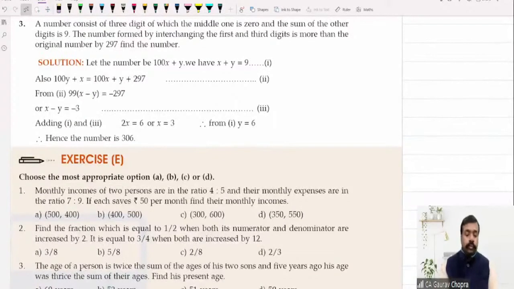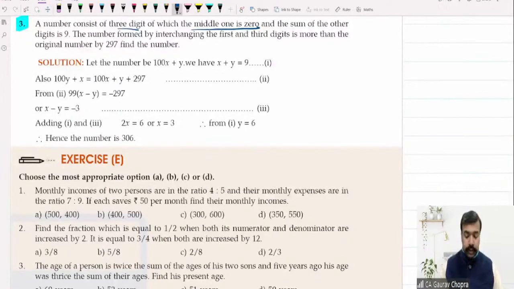Now we are having illustration number 3. It says a number consists of 3 digits, of which the middle one is 0.